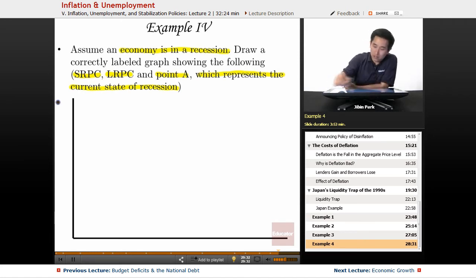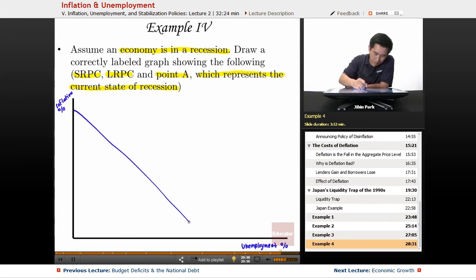So again, this is the inflation percentage, and this is the unemployment percentage. So you draw the SRPC here, SRPC1, and you have the LRPC, LRPC1.